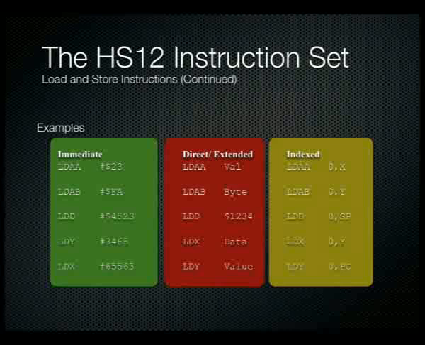So it loads the hexadecimal value of 23 into accumulator A. We can also do it using direct or extended addressing, depending on where the variable val lives in memory. If it lives in the lower 255 bytes, then it's direct. If it's higher than 255, then of course it's going to be extended addressing. But when you want to do direct or extended addressing, you simply use the variable name after the mnemonic. So in that case, it's LDAA val.